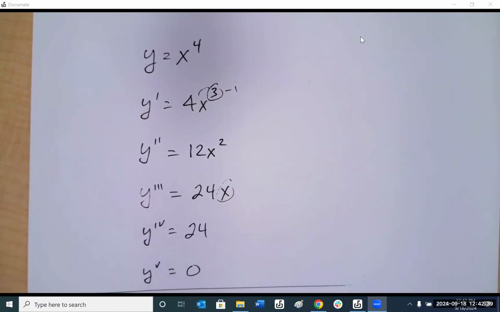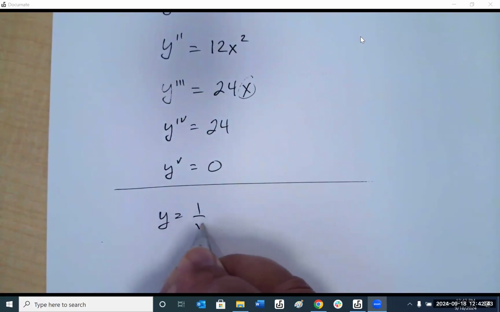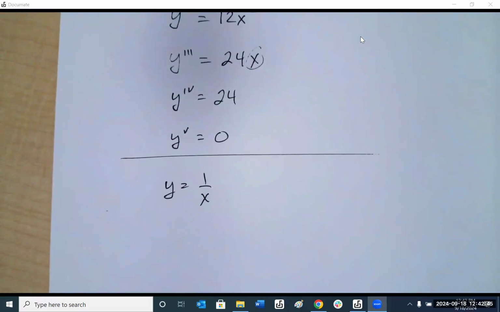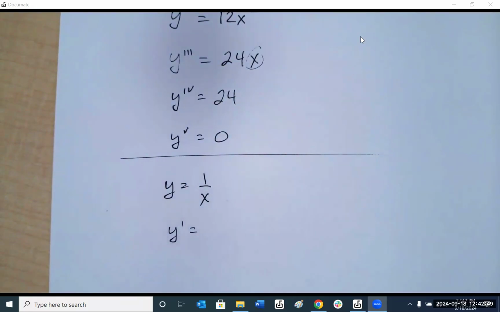There are functions, for example, 1 over x. Let's look at the first derivative of that one. Equals what? There's a 2 in there somewhere.